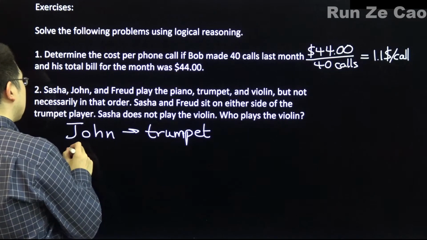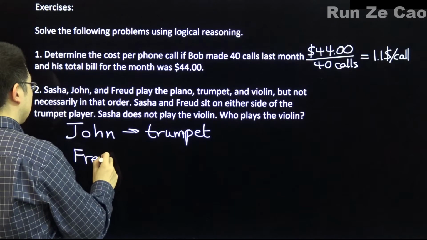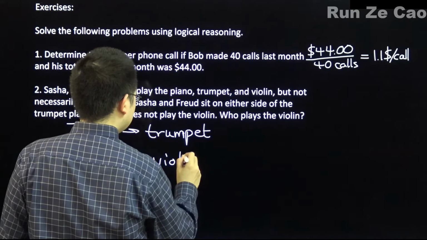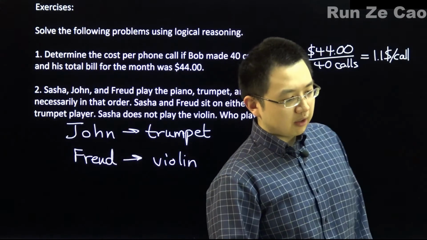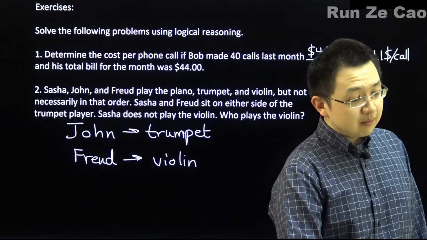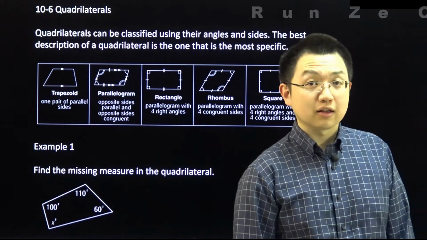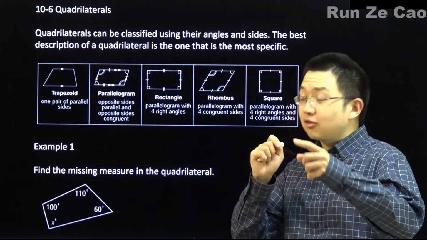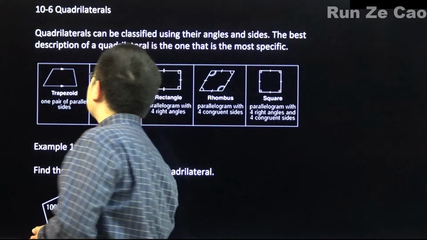So that means Sasha plays the piano and Freud plays the violin. Actually, you could just go straight to Freud plays violin. And your statement would be Freud plays the violin. But I'm sure you don't want to see me scribble on the board any more than strictly necessary. So yeah, word problems, you're supposed to write statements where you basically just restate the question with the answer attached.